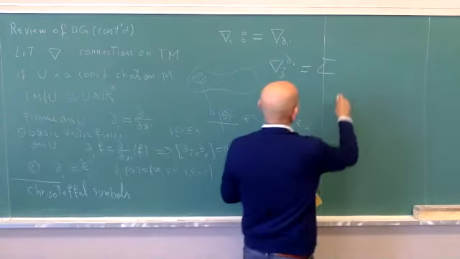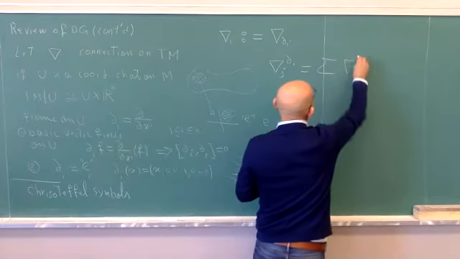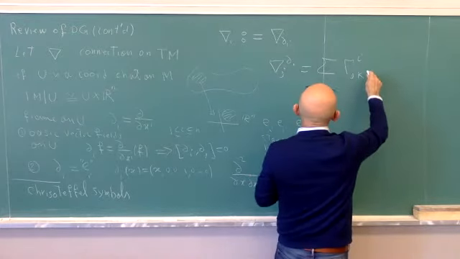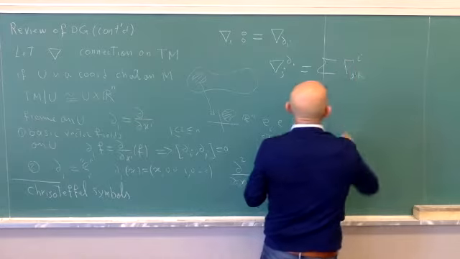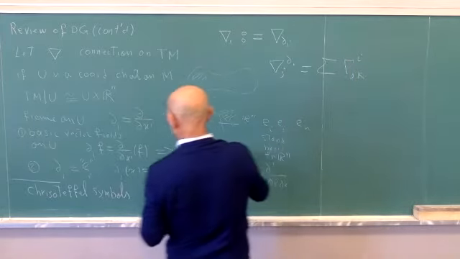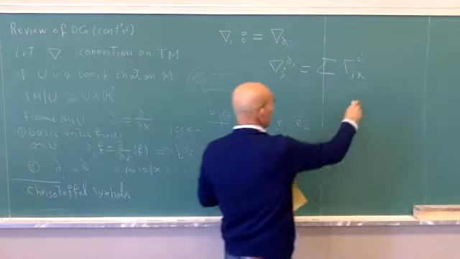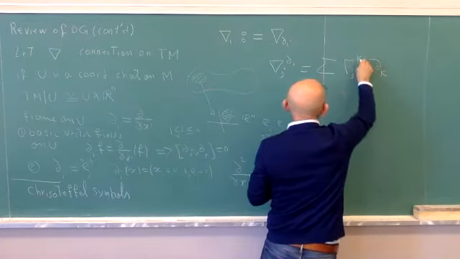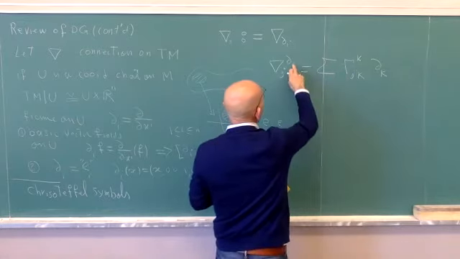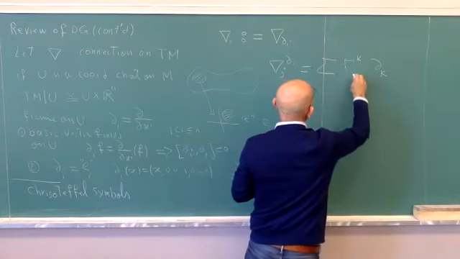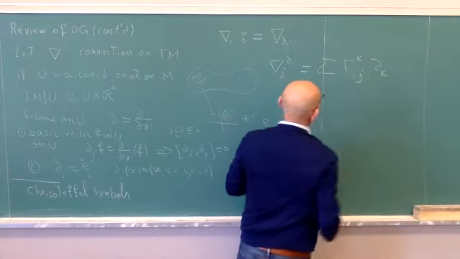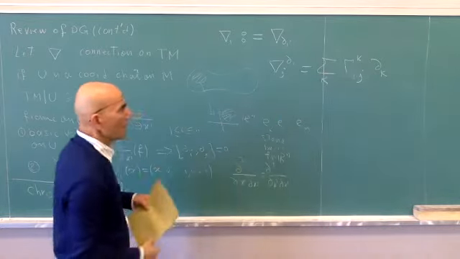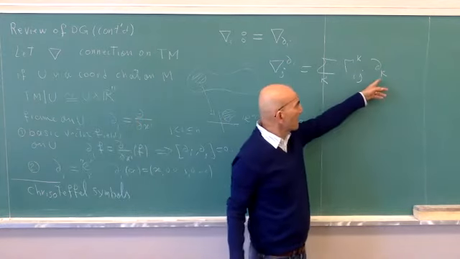So this is going to be something like Γ^k_ij ∂k. Okay, so I should be careful with my notation. I'm going to put ∂k as k here, and ij is going to be ij here. These are basis frame vectors.